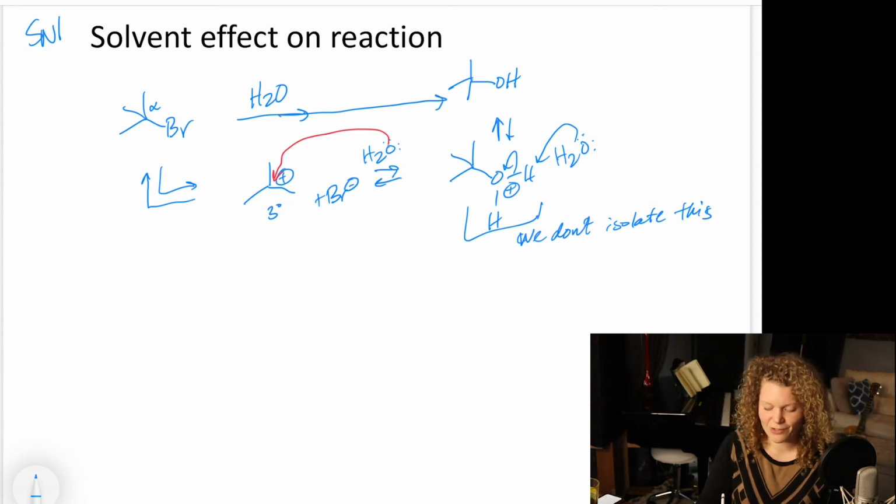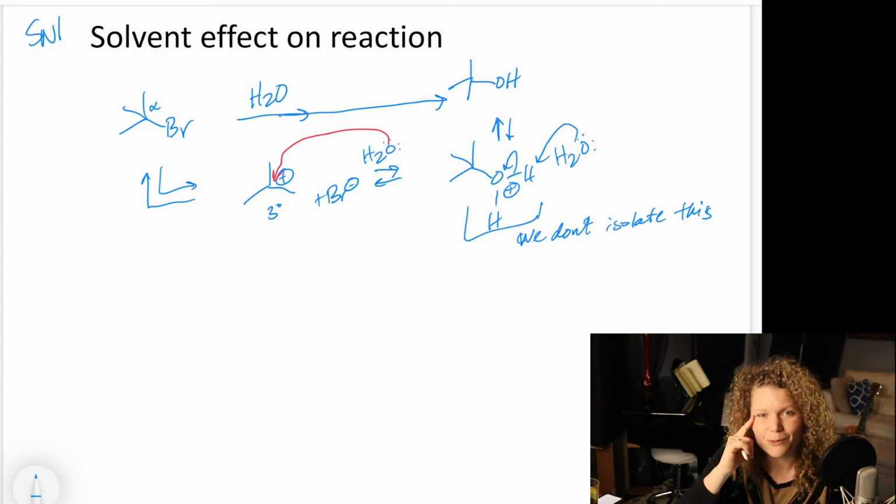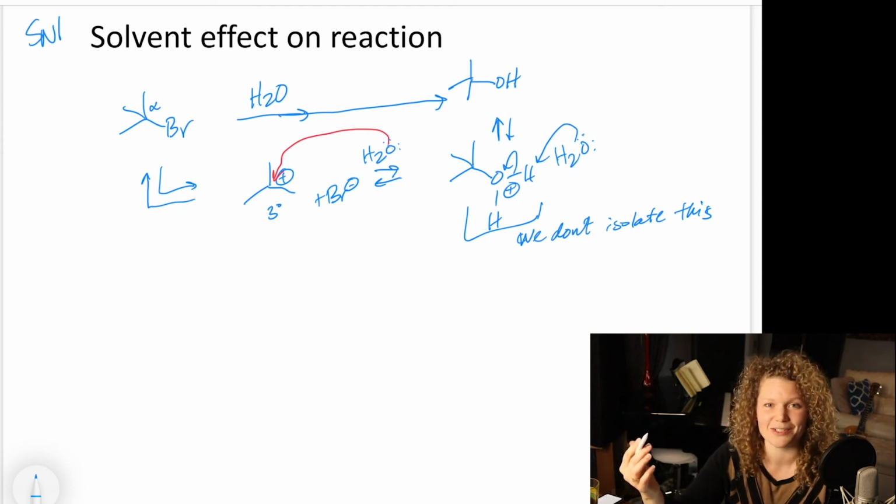Okay, so we have our starting material and we have our product here. We're using water, but we're also using water as a nucleophile. This is where things get more confusing because you're like, wait, what is my solvent? Well, your solvent is water, actually. You just add tons of it. Okay?